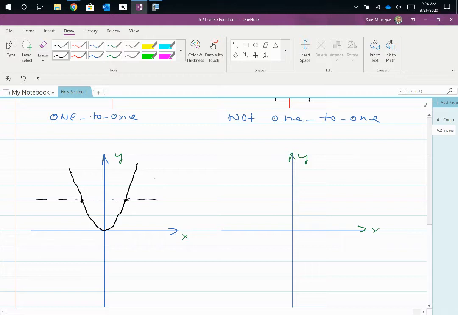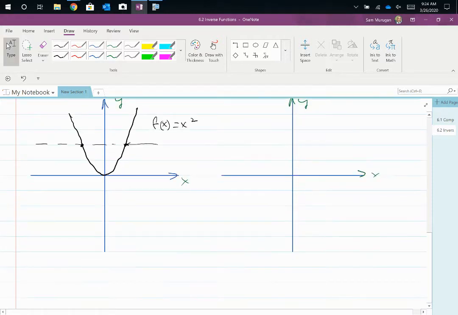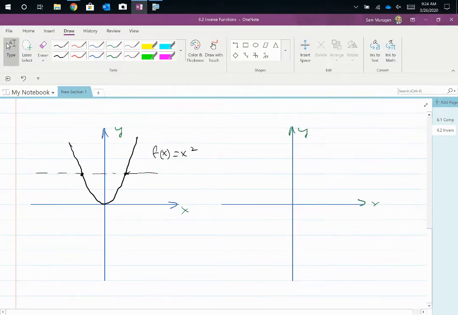Let's say this is the graph of f of x equal to x squared. It fails the definition, so not 1 to 1, because the horizontal line intersects more than once.